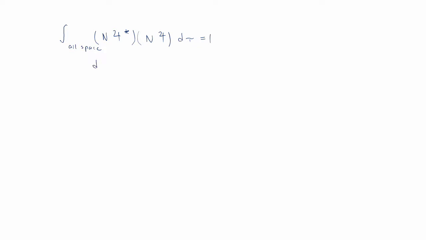In this case, d tau is simply dx because we're in one dimension. And remember, all space was defined as the interval from 0 to 1, including 0 and 1.